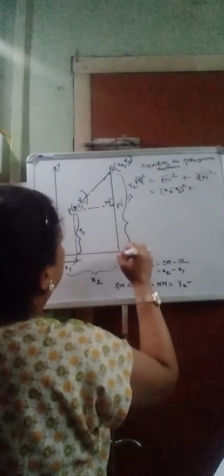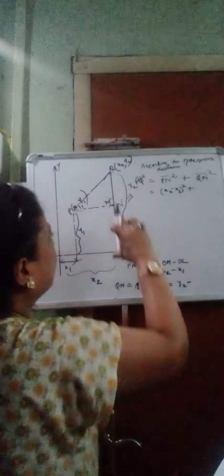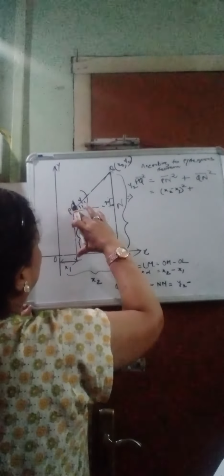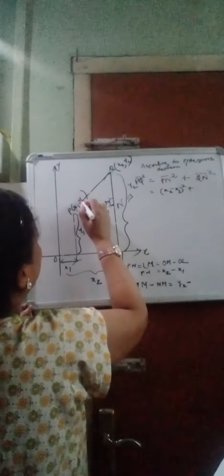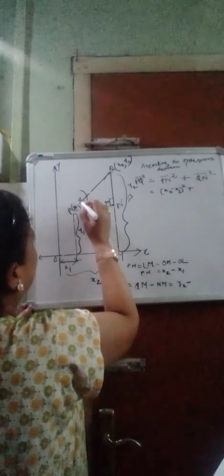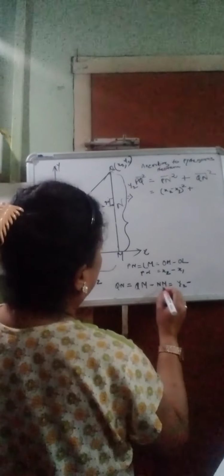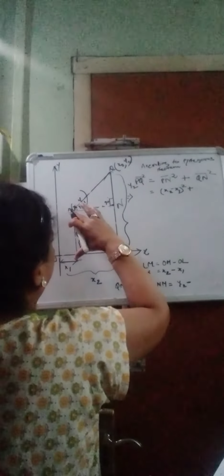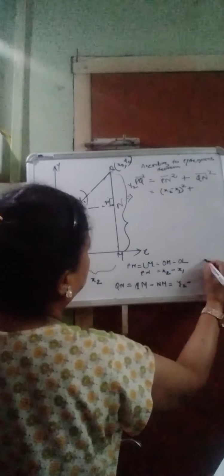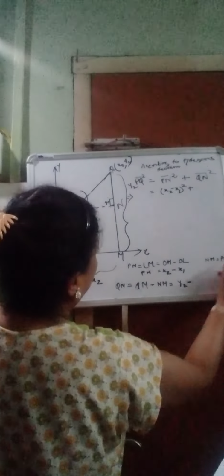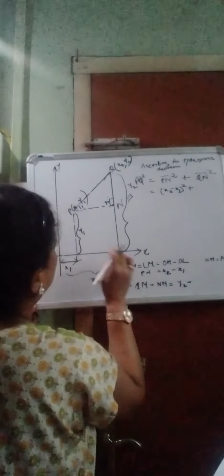Obviously NM is equal to PN, and PN is y1, because it is the y coordinate of P. So NM is y1.